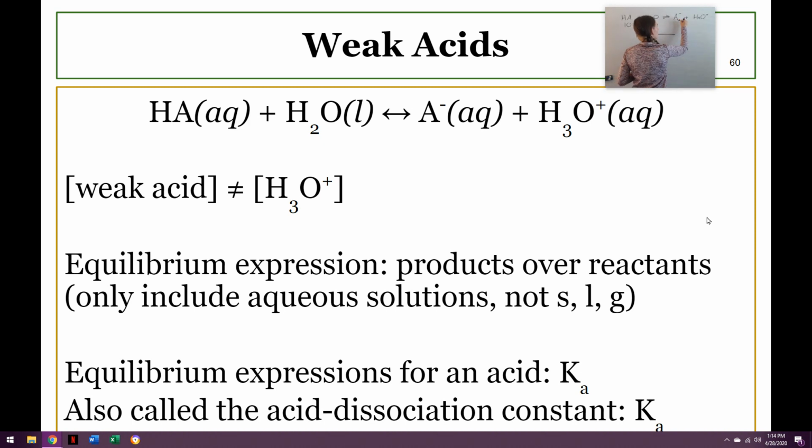These are aqueous. It's very important to include everything, all your states of matter. So we have 3 aqueous compounds and 1 liquid. We don't include the liquid. So write our products out. We have the concentration of A minus times the concentration of hydronium divided by the concentration of HA, and water is excluded.